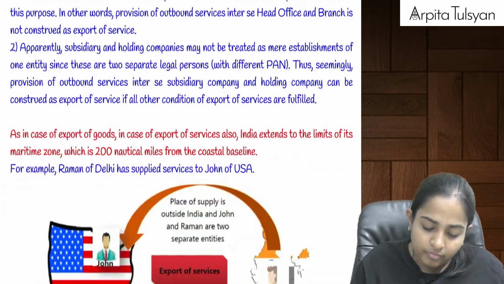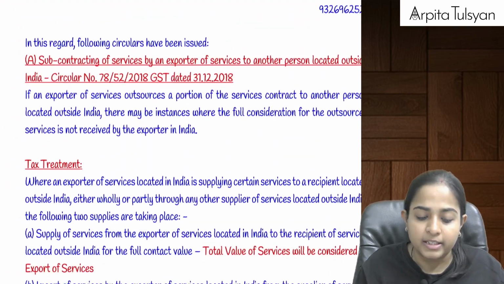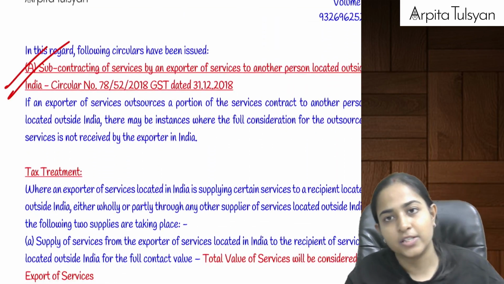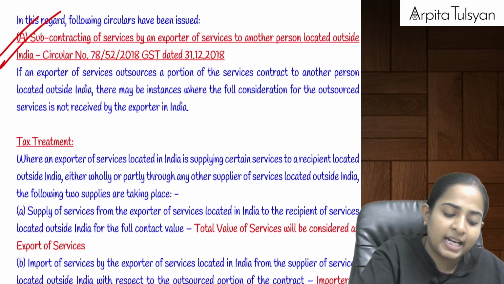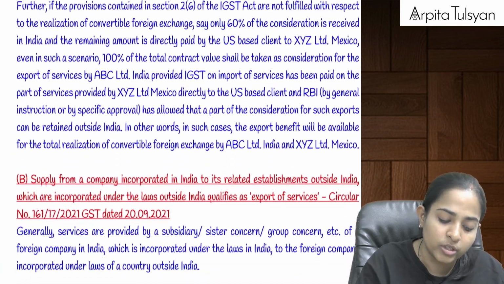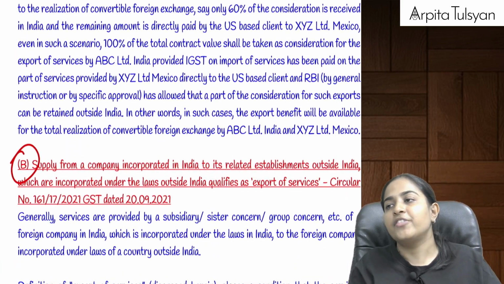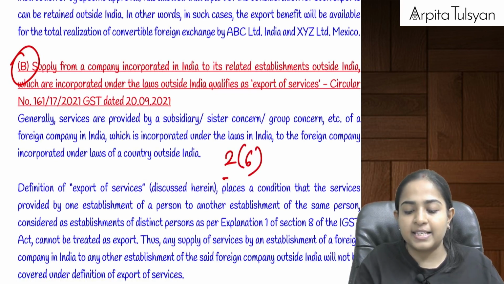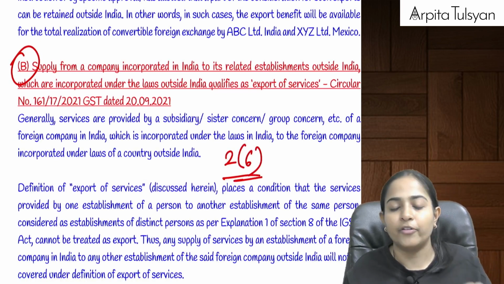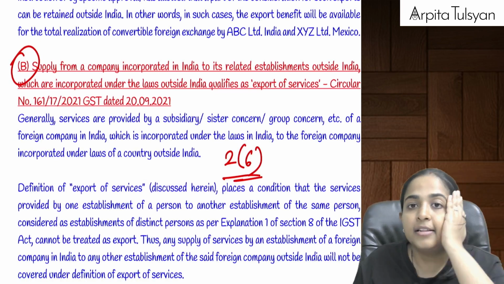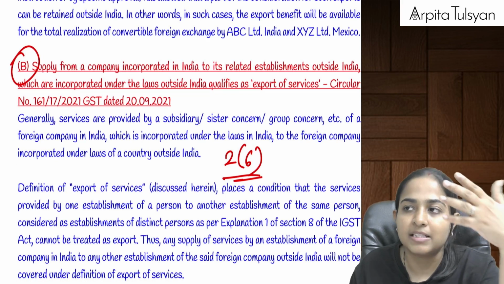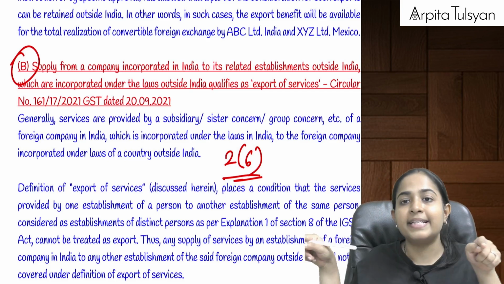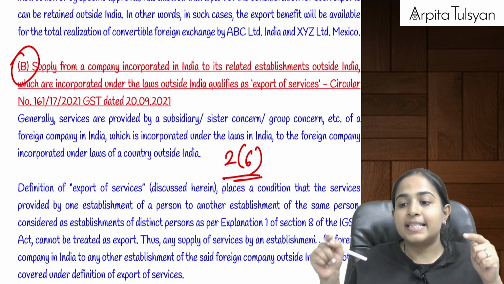Okay, now for this we have to study two circulars, which is very important. Okay, before I take up the first circular, I want you to do the second one. One point which I just told you in the definition of export of service, that is under section 2(6), was that the transaction between the supplier and the recipient will be considered as export only when these two parties are separate entities.